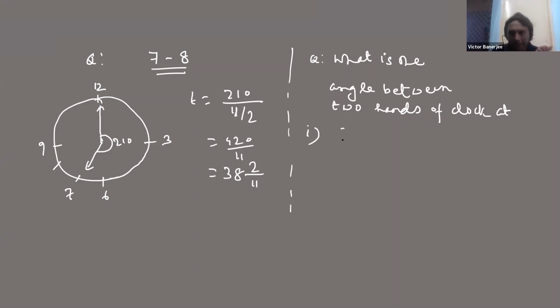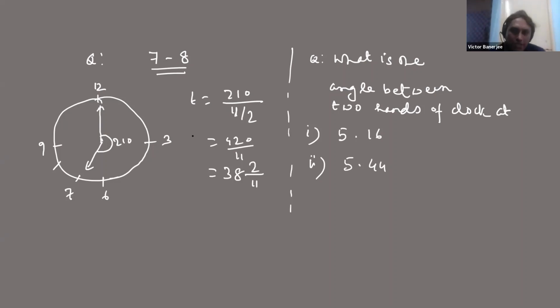One is 5:16, and the second time let me take 5:44. So what do you have to find out? The angle between the two hands of the clock at 5:16 first, then 5:44.